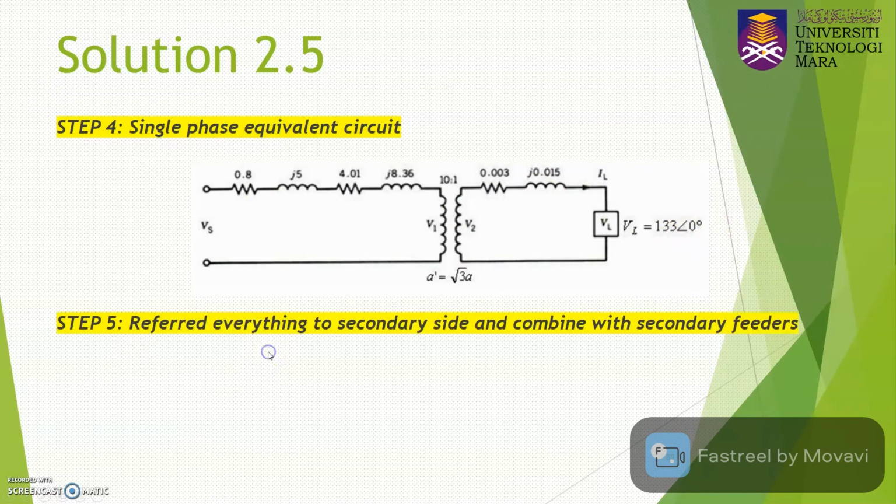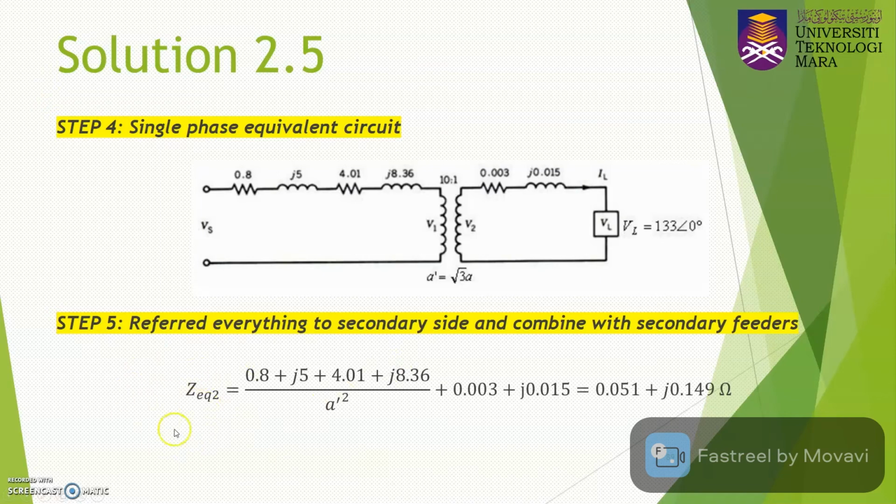After that, you need to refer everything to the secondary side, and then combine with the secondary feeders. So this value and this value, we need to refer to the secondary side, and then combine with the secondary feeder value.